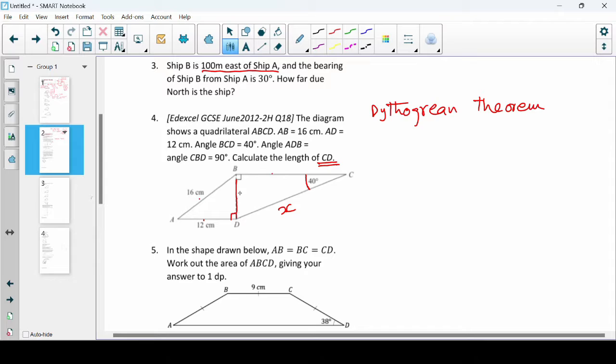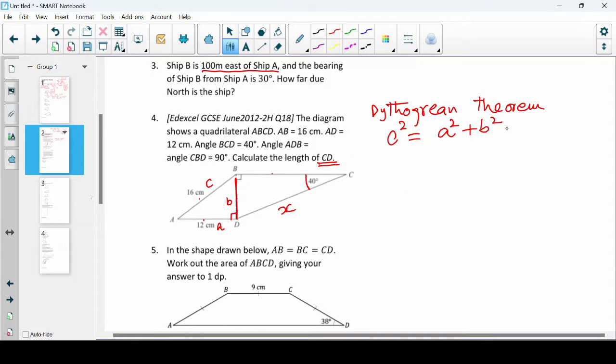First we can find the missing side, and the formula says that if this is C, this is A, this is B, then the Pythagorean theorem says C squared is equal to A squared plus B squared. So if it's a right angle triangle, you can use the Pythagorean theorem as well.